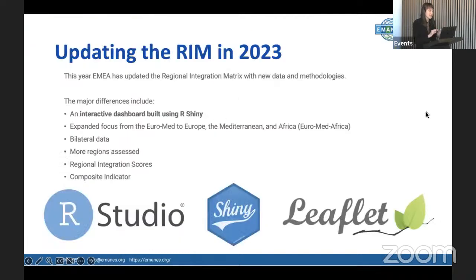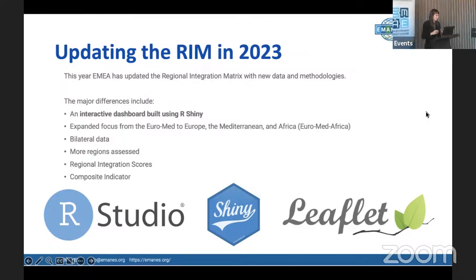In the past year, Rim assigned me the task of updating the regional integration matrix. There were several ways in which I did this. The principal objective was to visualize the matrix. So I built an interactive dashboard, which I will demo at the end of this presentation, to display the indicators and give a visual idea of integration.